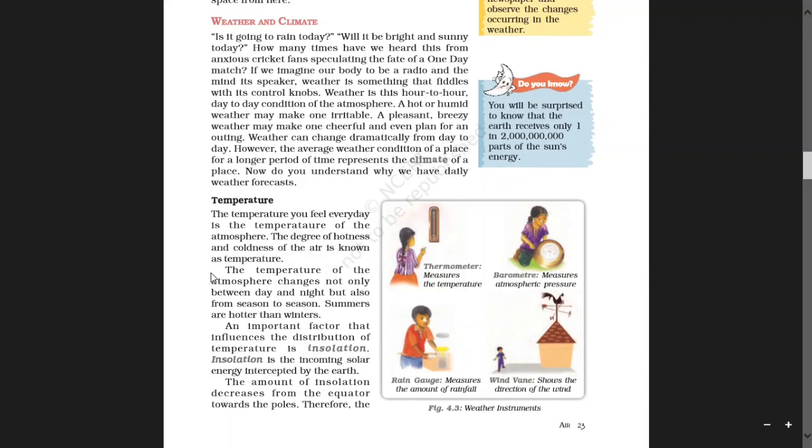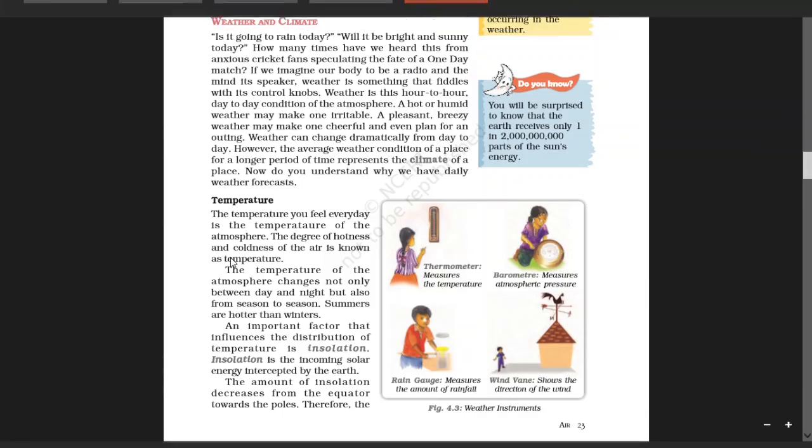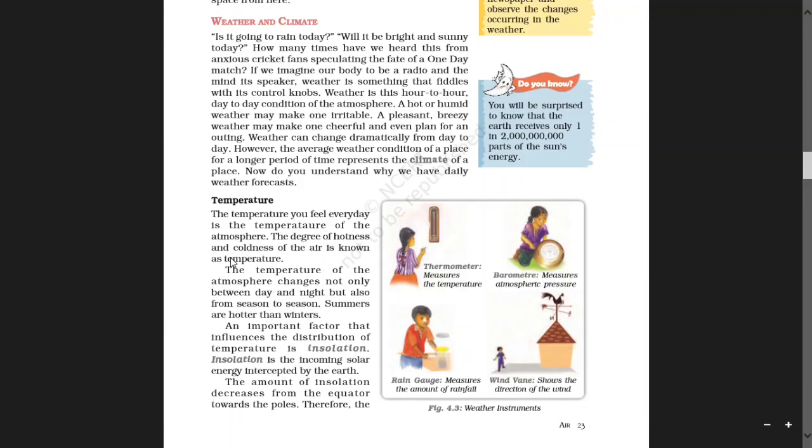Mark it. The temperature of the atmosphere changes not only between day and night but also from season to season. Generally, summers are hotter than winters.